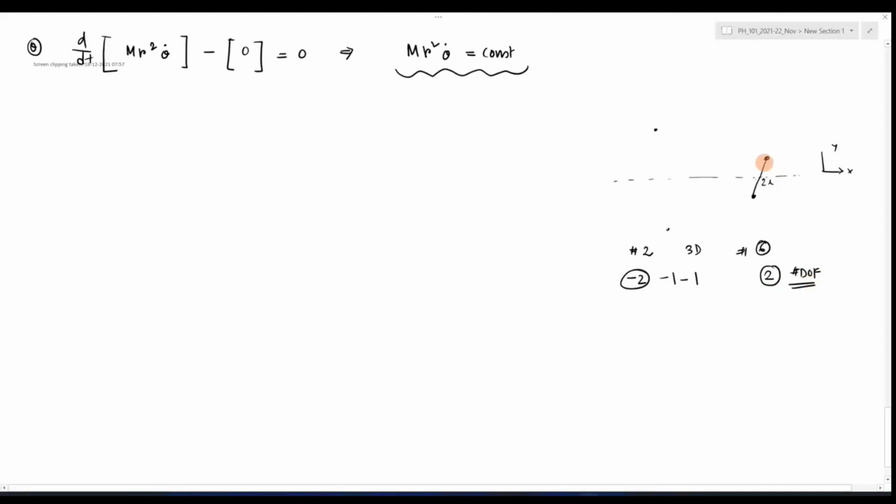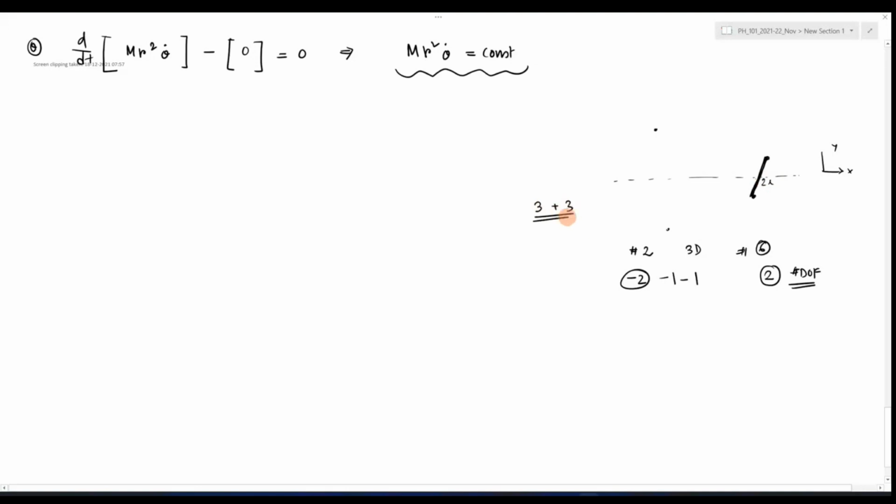Also you can think like this. Suppose this is a rod. If you are having a rod, this rod is in 3D, so this can have 3 translational motions. So for that you will get 3 coordinates. Also it can rotate in 3 directions, right?